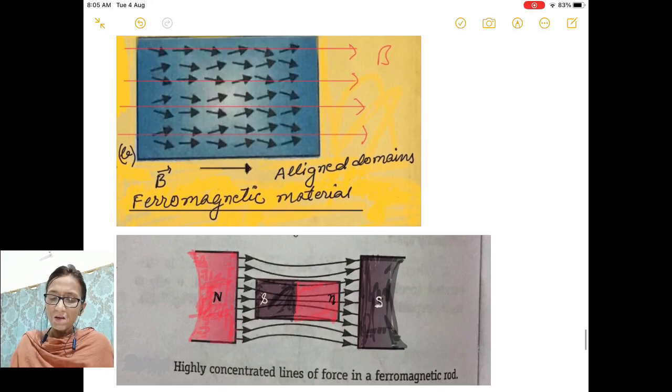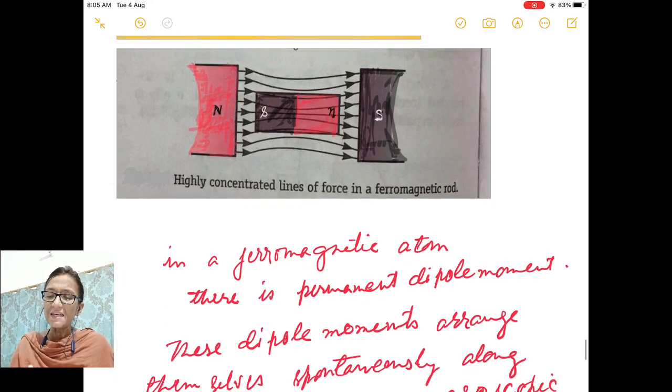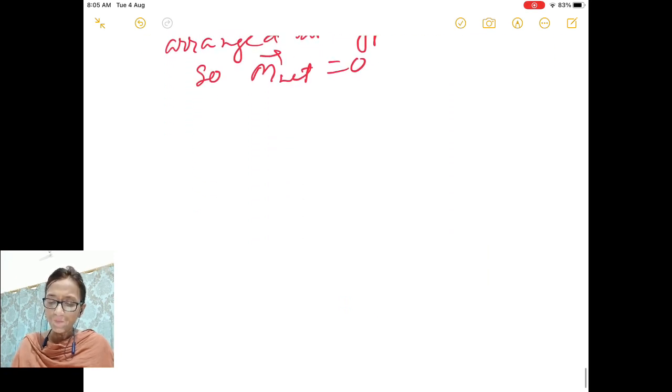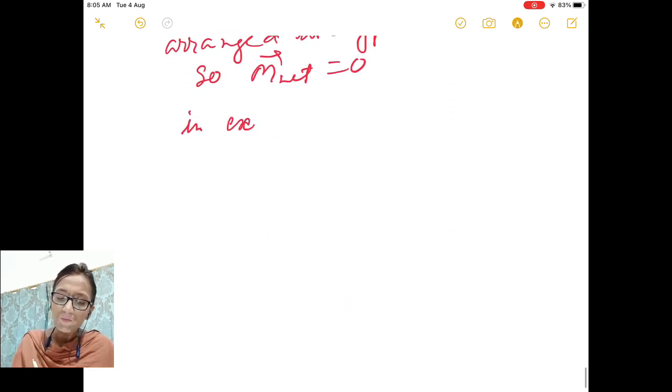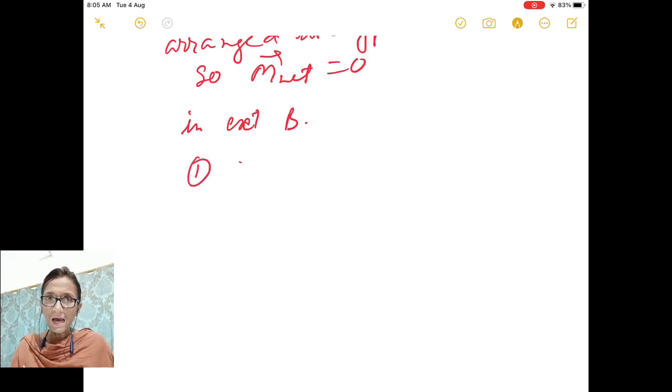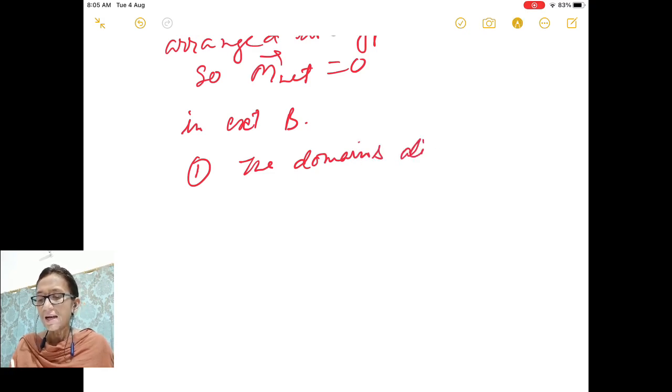Now, when they are placed in an external magnetic field, two things happen. Number one, the domains align themselves.